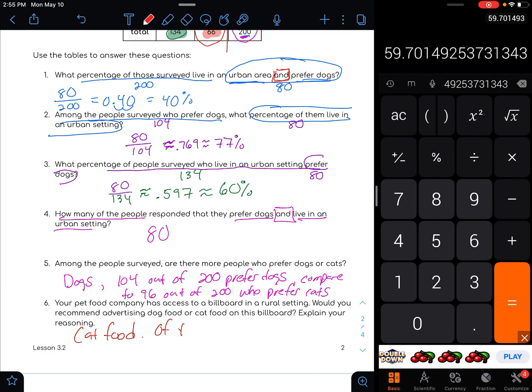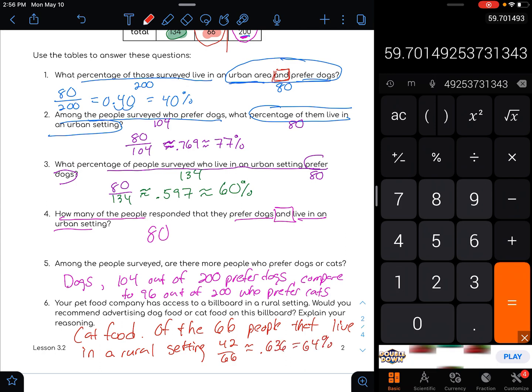We might say, of the 66 people that live in a rural setting, 42 out of the 66, or about 0.636, about 64%, prefer cats over dogs.